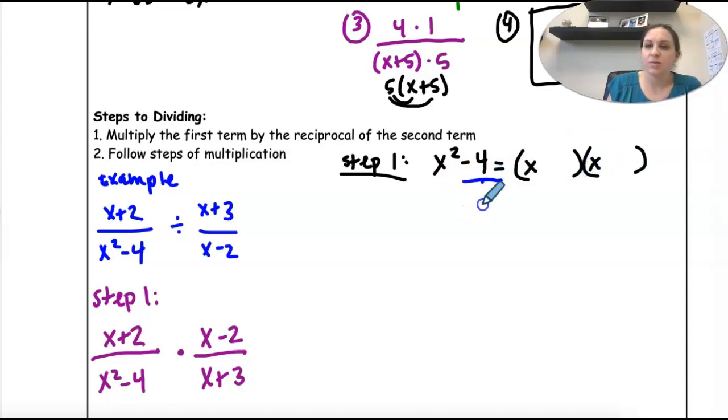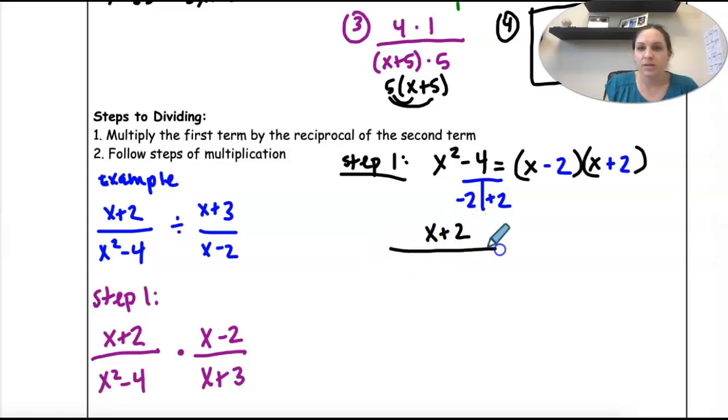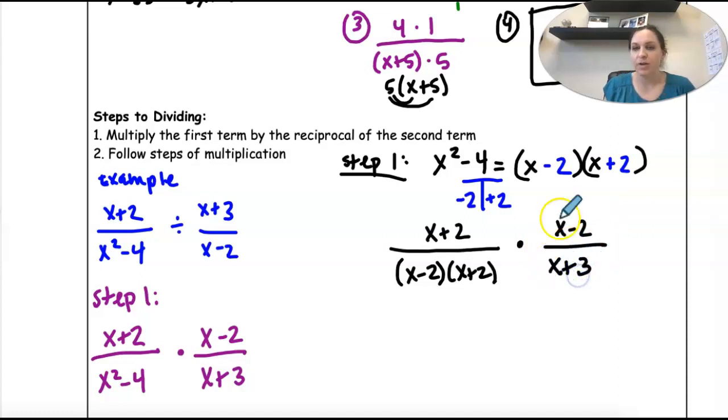And then my 2 numbers that multiply to -4, then add to 0 because there's no middle term. So -2 times +2 is my factored form. Okay, so I'm going to rewrite our problem. I have x plus 2 divided by x minus 2, x plus 2, times x minus 2 divided by x plus 3.